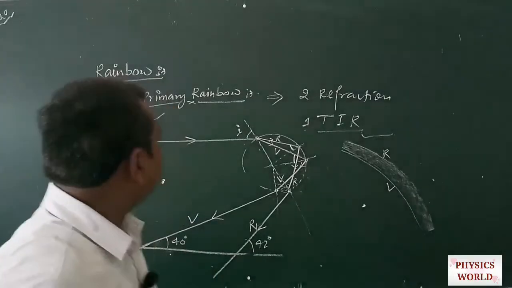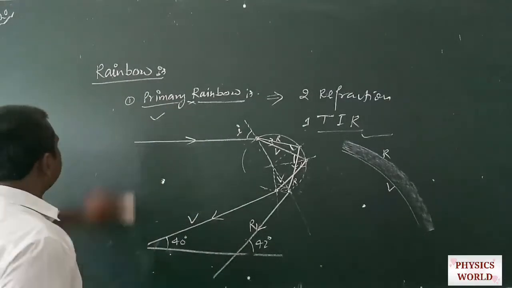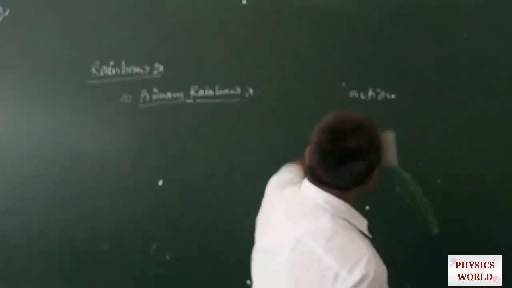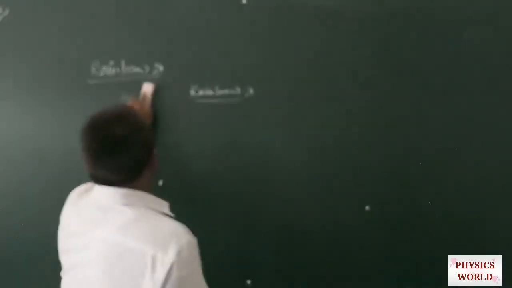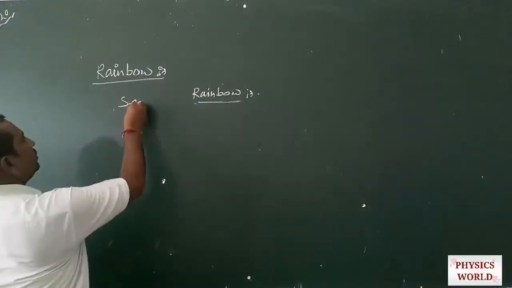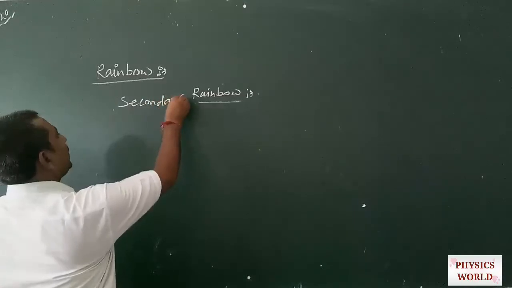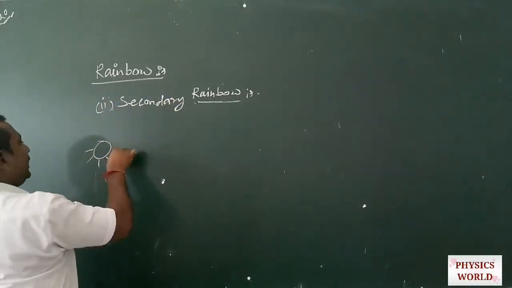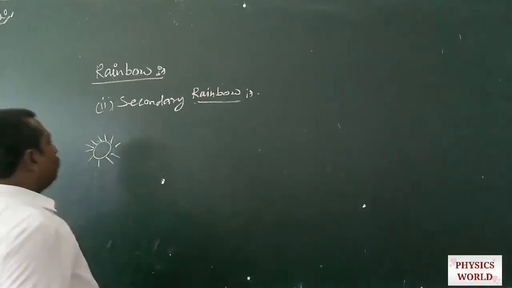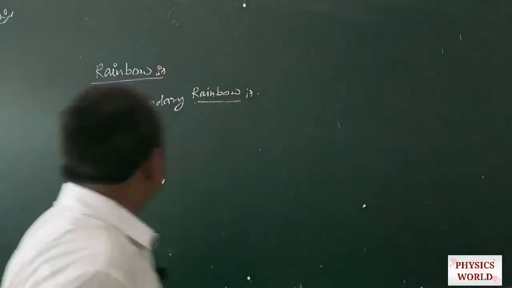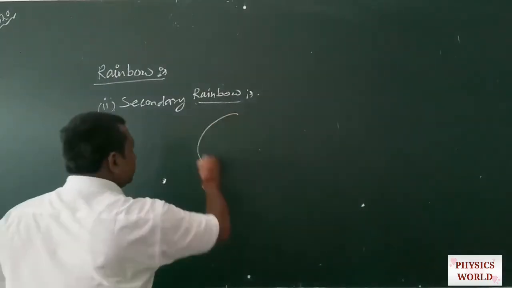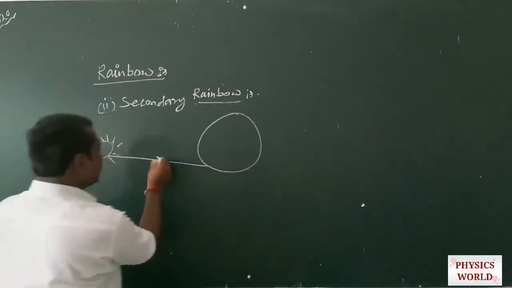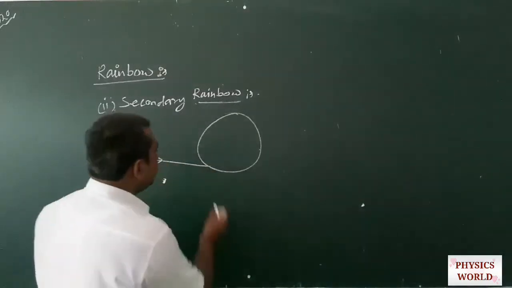Now let us talk about the secondary rainbow. So what is the secondary rainbow? How does it form? Suppose a light ray coming from the sun enters a water droplet from the below side.